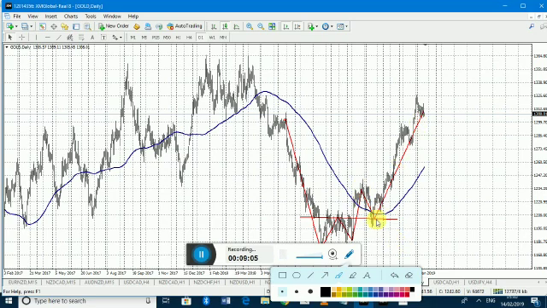I also gave a USD signal. This is the other signal I gave in the group. You can see this is a double bottom. What it does is it breaks the level of resistance, and if it moves past the moving average 90, we place a buy of 20 pips, wait for it to retest back to the moving average or the level of support, and then we place a bigger buy.